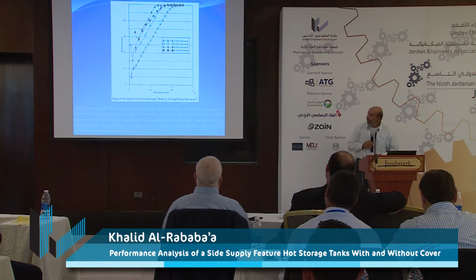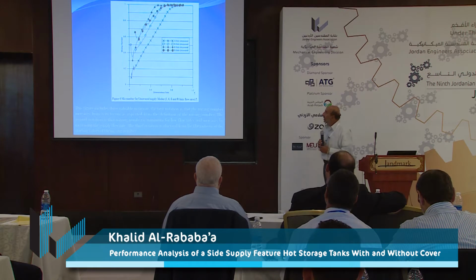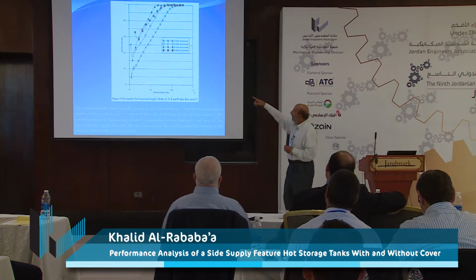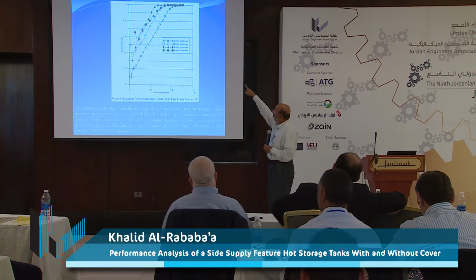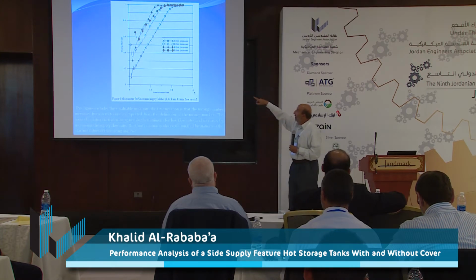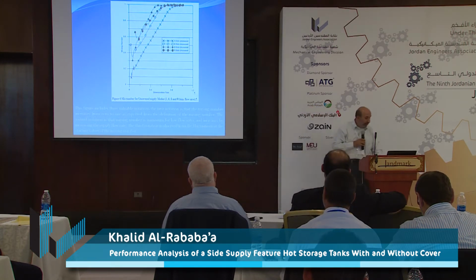This is the mixing number. Here is the study of the mixing number. And again, we note that for the uncovered mode, after you leave the low flow rates, 6, 8, and 9 liters per minute, all of them have a high mixing number.